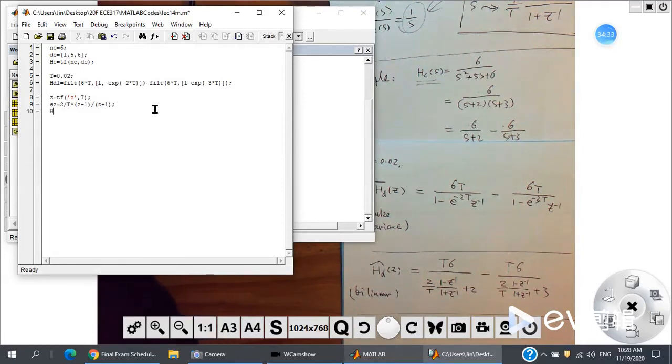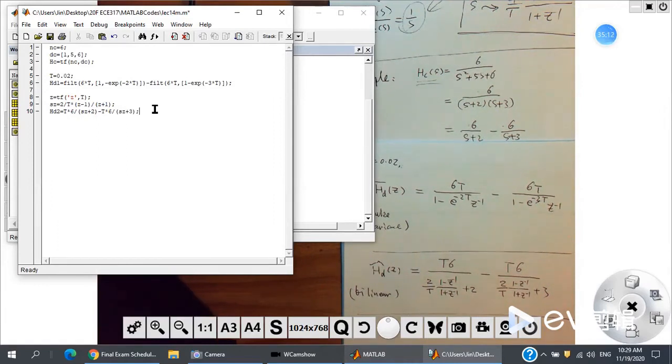And then the HD2, HD hat, I use HD2. This is t times 6 over, both have the same numerator. So just like this, this one over t over 2, that is sz. So it is sz plus 2. And minus t times 6 over sz plus 3.